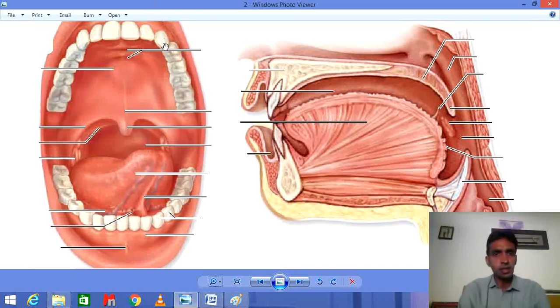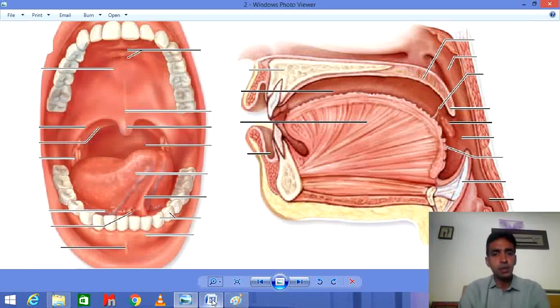This one is canine, and this one is canine, which has a sharp tip also. After the canine, there is this one, and over here, this one, and this one.